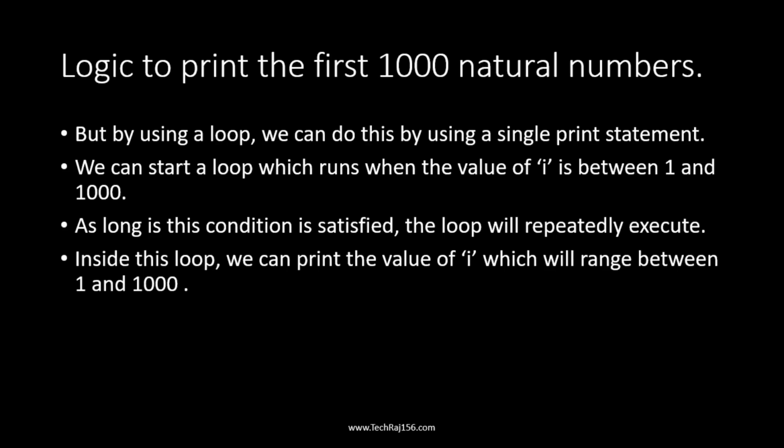In the third iteration I is 3, we print 3. In the fourth iteration I is 4, we print 4. And it continues until I reaches 1000. Once it reaches 1000, at 1001 the condition fails, so the loop is terminated. That's the basic idea of looping.